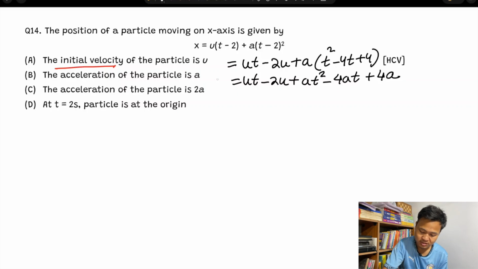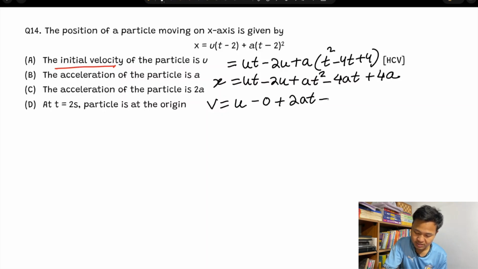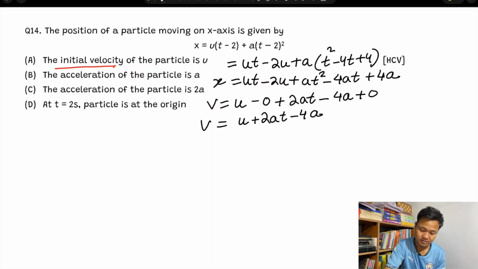Okay, so this is x. So what will be v? You differentiate with respect to t, you'll have u minus 0 plus 2at minus 4a plus 0. So u plus 2at minus 4a. Okay, so this is v.